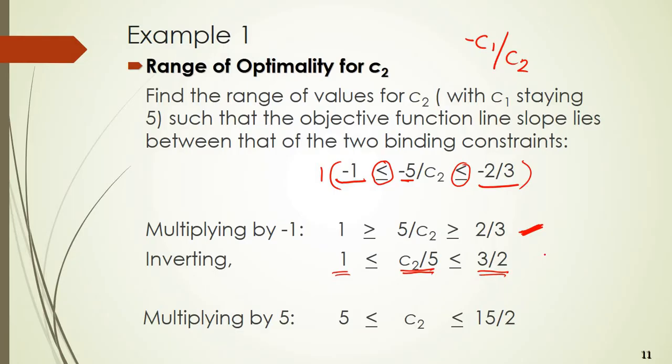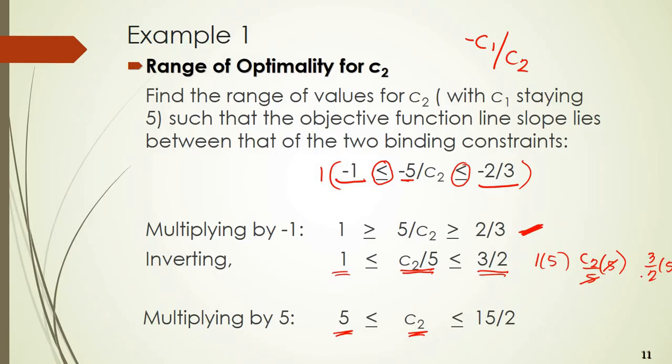So we have 1 times 5 C₂ over 5 times 5, and then 3 over 2 times 5. So 1 times 5 is 5. We cancel both 5s, and we remain with C₂ there.